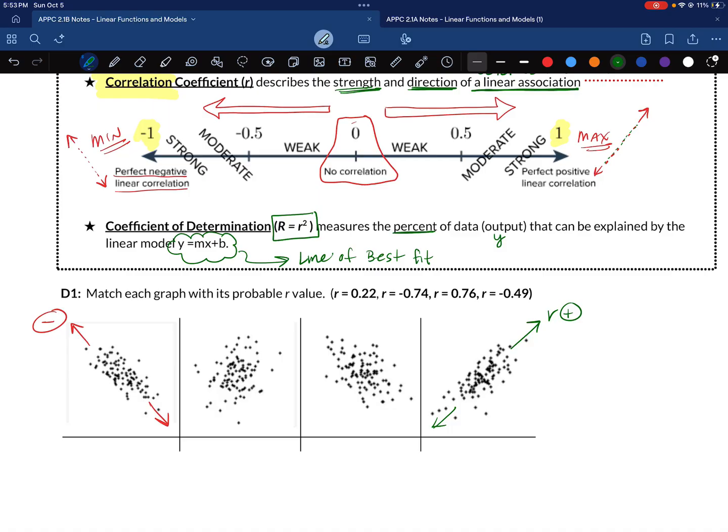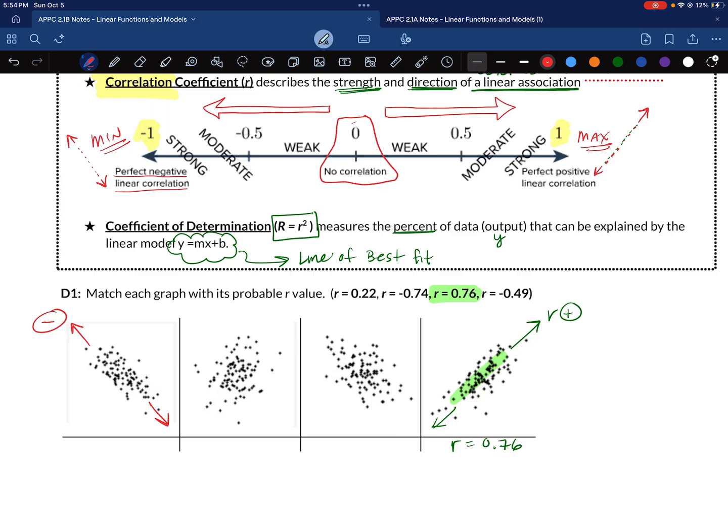They both look relatively moderate. I wouldn't say really strong, but the dots are all pretty close together in a line. So I would say that this guy right here is probably positive 0.76. It's positive, it's kind of close to 1, it's not super close.